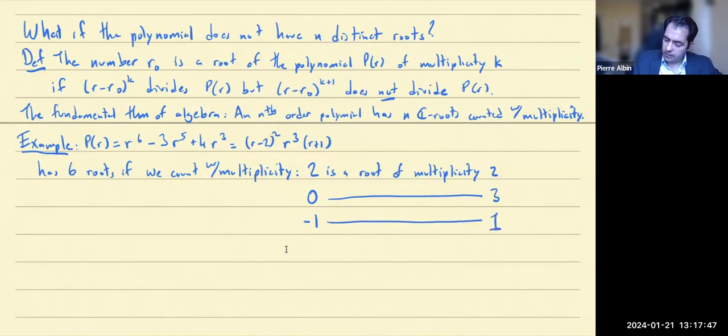So altogether, when we count them with multiplicity, it adds up to 6.